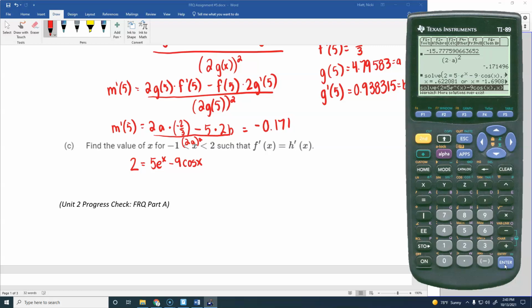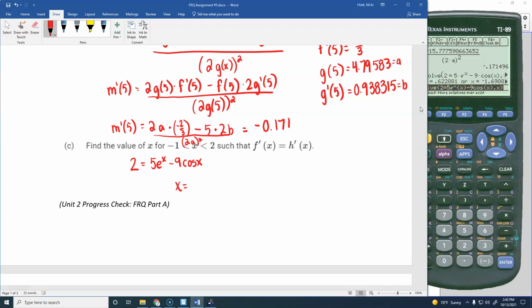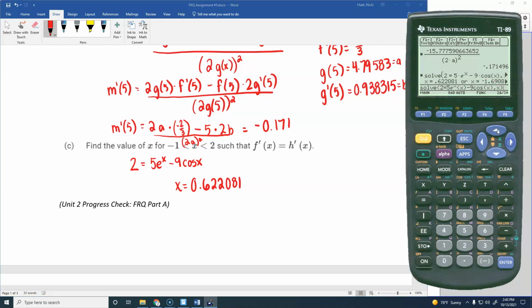Okay. So you have to be between -1 and 2. So 0.622081 is. So I could say x equals 0.622081. And if you go over, that one is not in the range.